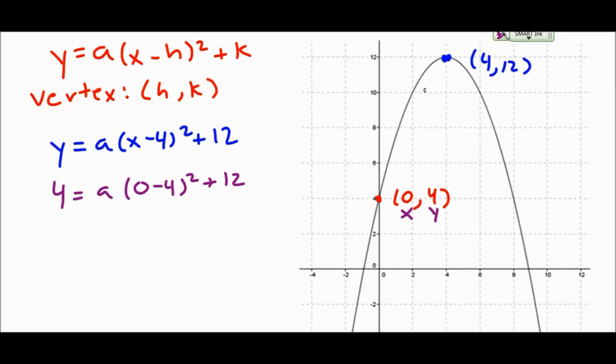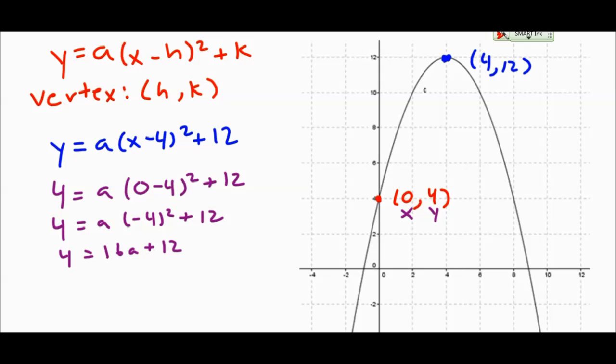Alrighty then, let's go ahead and solve this using our order of operations first. So we have 4 equals, this would be a times negative 4 squared plus 12. Well, negative 4 squared is just 16. So this gives me 4 equals 16a plus 12.